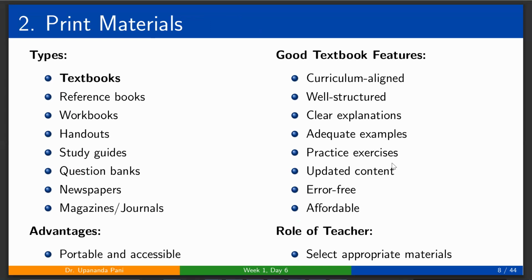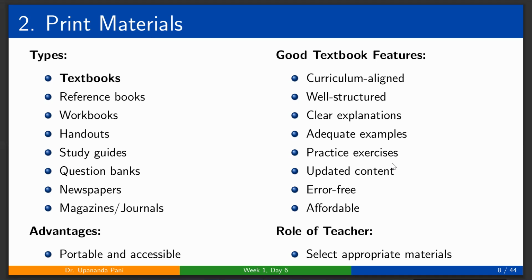That is the print materials. So print materials include what? Textbooks, reference books, workbooks, handouts, study guides, question banks, newspapers, magazines and journals. Advantage is that they are portable and accessible. A good textbook features: curriculum aligned, well structured, clear explanation, adequate examples, practice exercises, updated content, error-free, affordable.